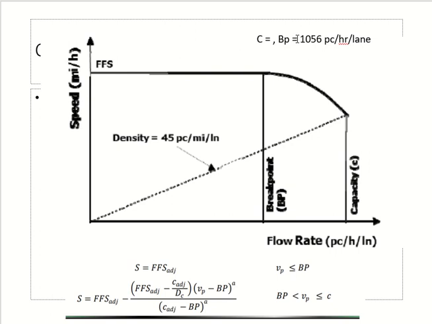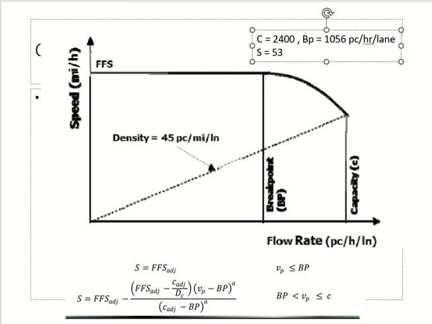So you will put capacity here and then here as well. So tell me, what is the speed on the last point? How much? 53.3.